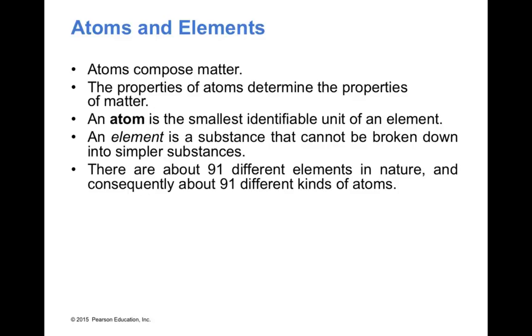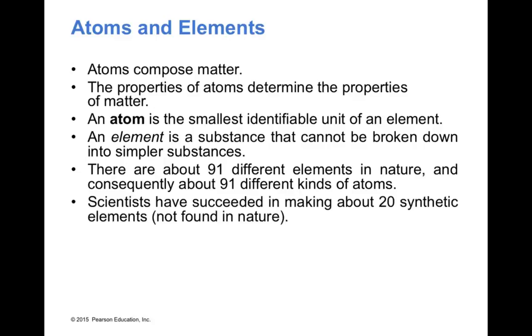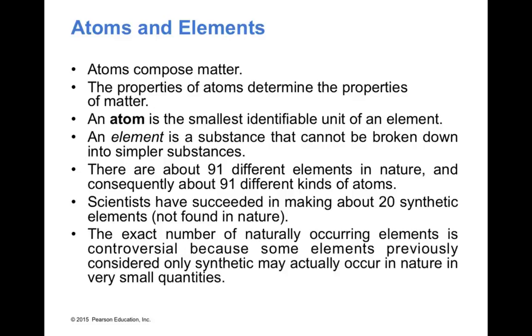There are about 91 different elements in nature, and consequently about 91 different kinds of atoms. Scientists have succeeded in making about 20 synthetic elements not found in nature. The exact number of naturally occurring elements is controversial because some elements previously considered only synthetic may actually occur in nature in very small quantities.